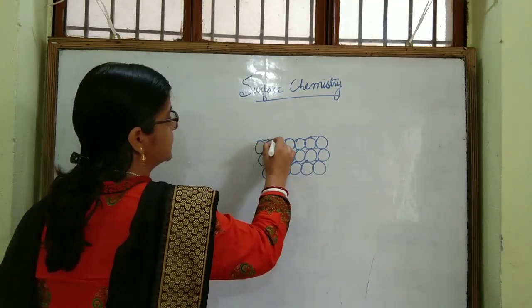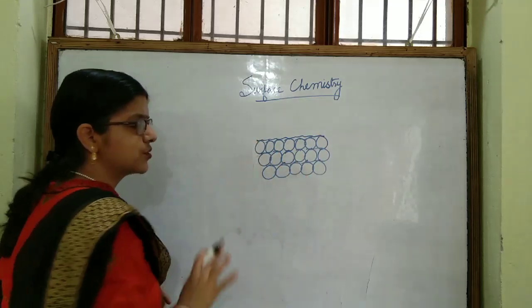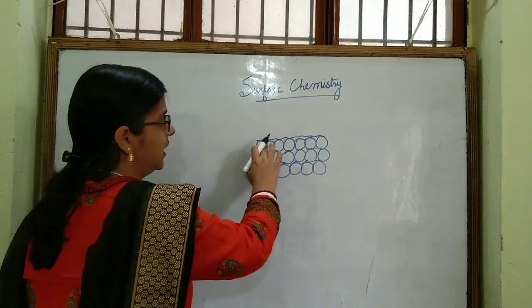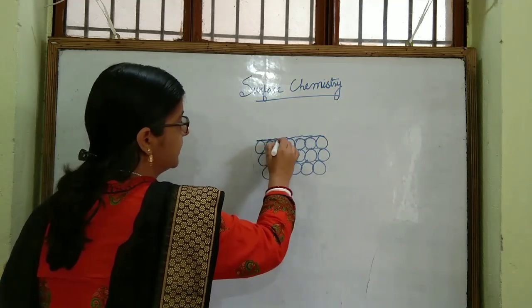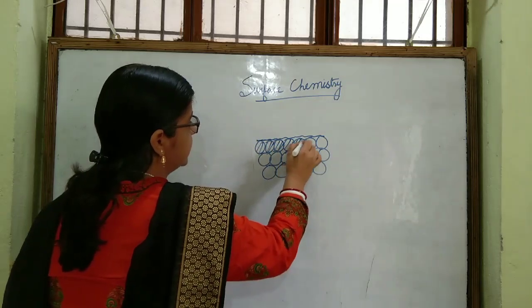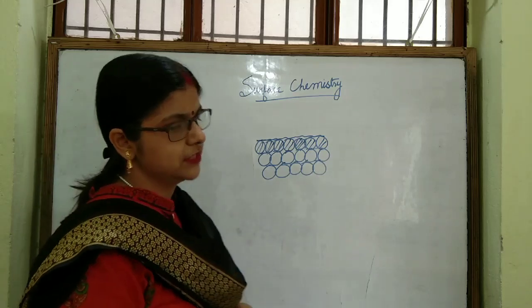This is the surface of this particular solid which I have shown, and the branch of chemistry which deals with this surface and the species present on it is known as surface chemistry.